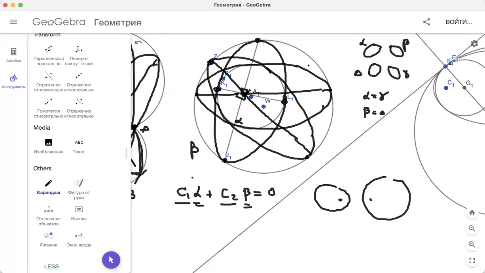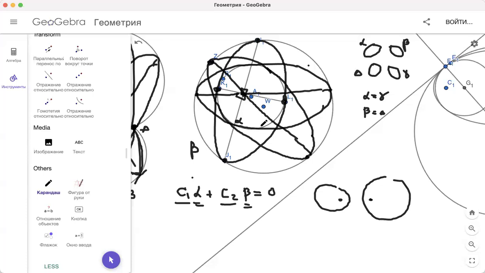This point is a limiting point, but you have two limiting points. For each limiting point, you have one family of similar ellipses here. For the other limiting point, you also have another family of similar ellipses.